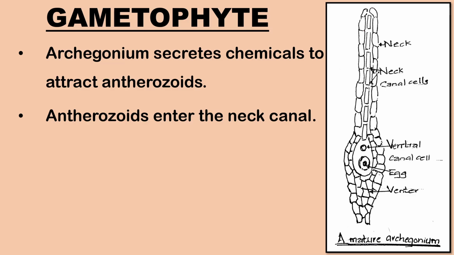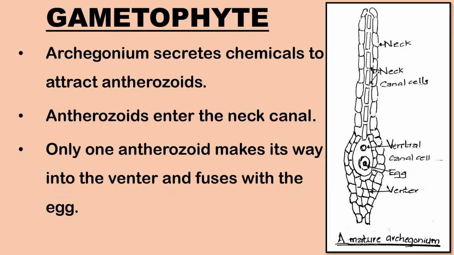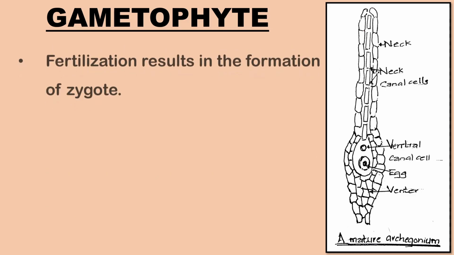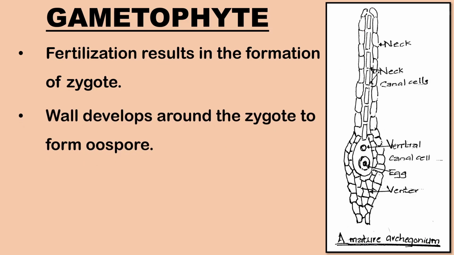As the anthrozoids swim in water, they enter the neck canal, but only one anthrozoid passes down into the venter and fuses with the egg nucleus. Fertilization of anthrozoid and egg results in the formation of a zygote. A protective wall is formed around the zygote. It is now known as the oospore.